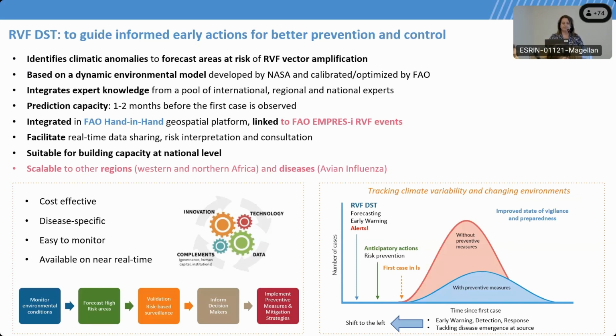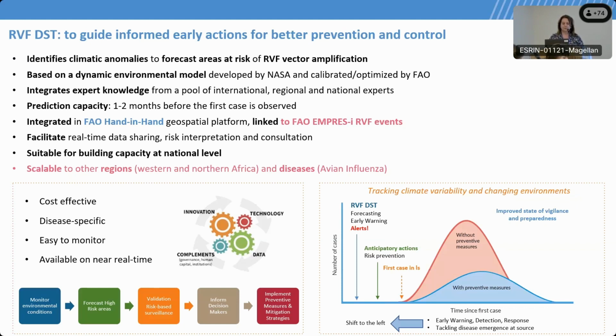It is integrated in a FAO geospatial platform, and tomorrow my colleague will talk more about that. And it is linked to the FAO EMPRES-i database, which is a global animal disease information system at FAO, and in this case is linked to the Rift Valley fever events.